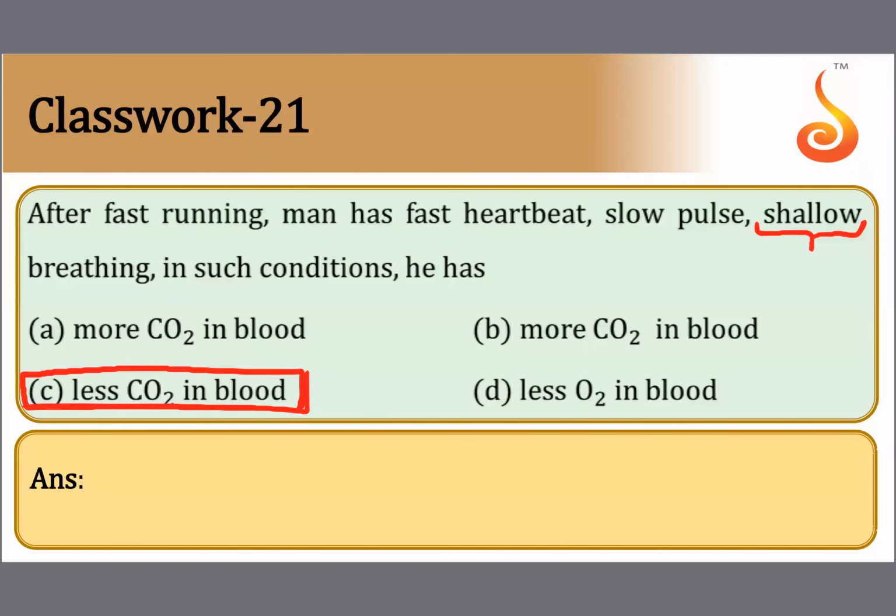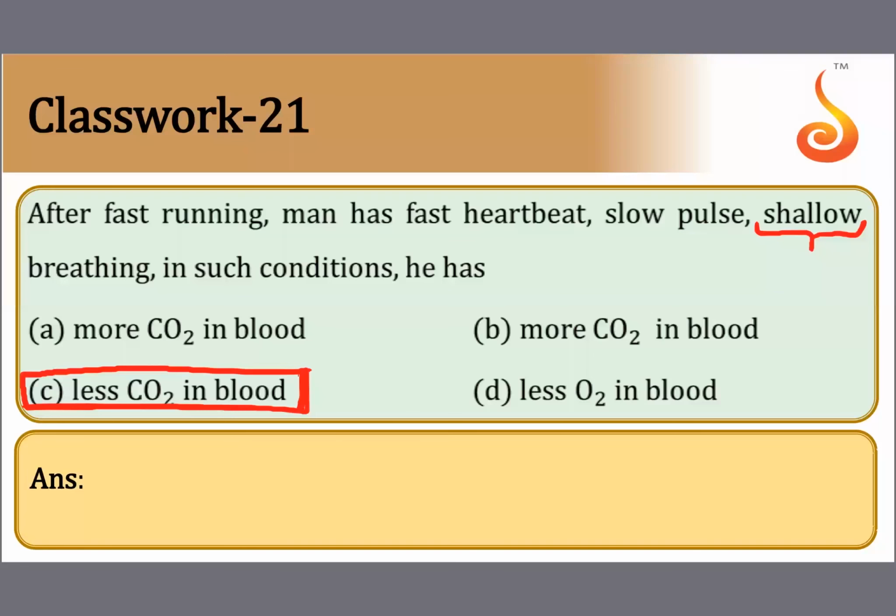So immediately after running, maybe he breathed in a lot of air and now his breathing has become shallow because the chemoreceptors have sent a signal to the respiratory rhythm center saying that there is less carbon dioxide. So anyway, it's okay. You don't have to make the person breathe more. And that's why he's breathing very shallow.